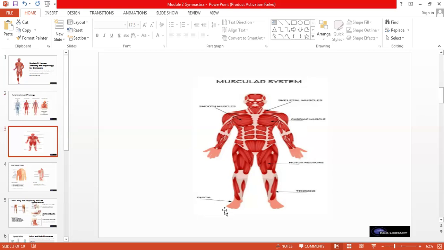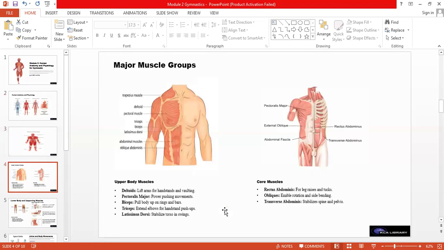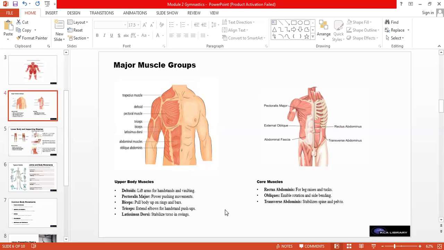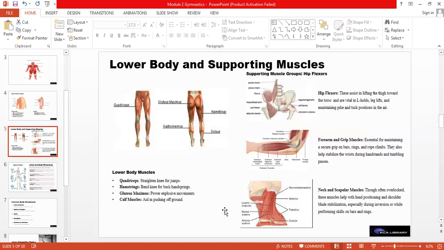As it pertains to us, we will break it down and look into it one after the other. We have a number of groupings: the upper body muscle, the core muscle, the lower body muscle, and the supporting muscle group.